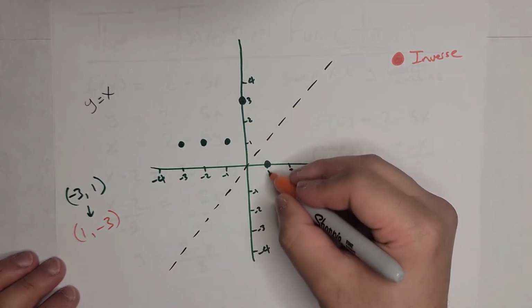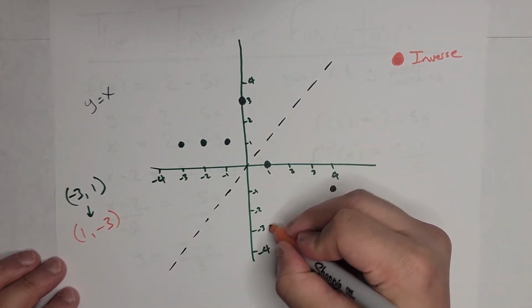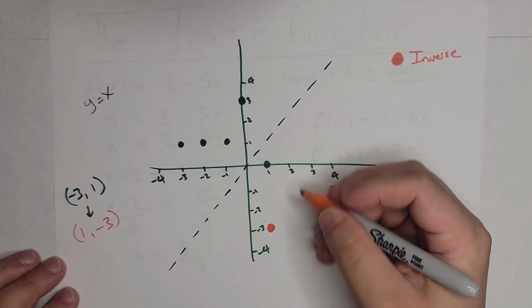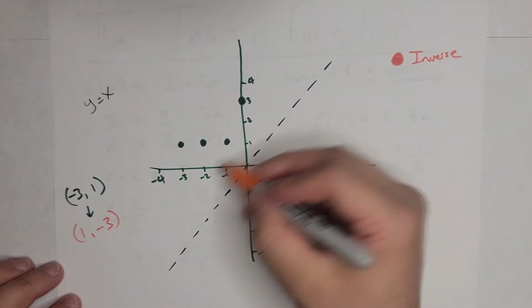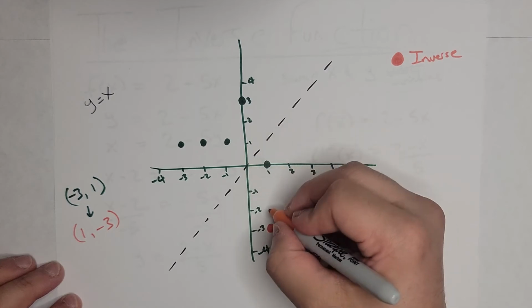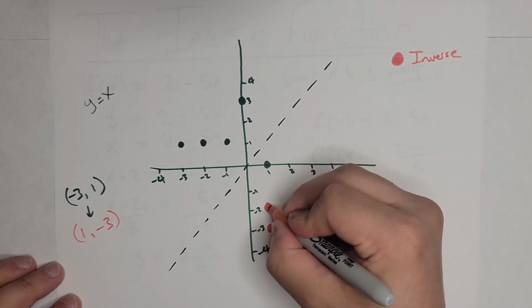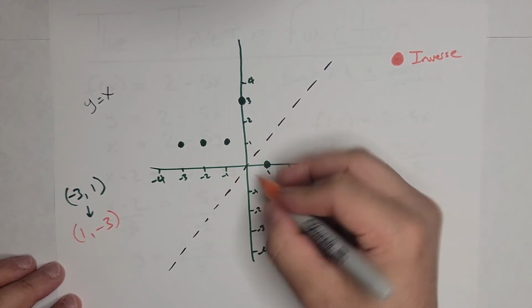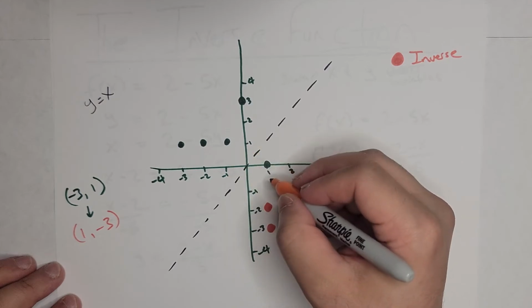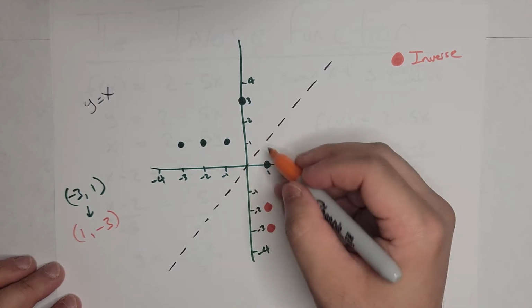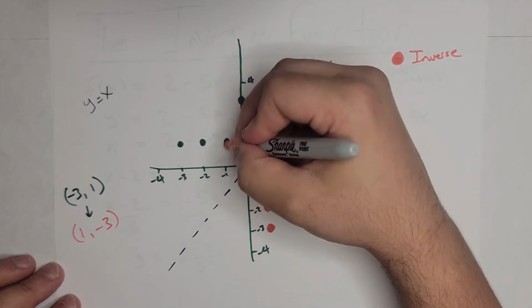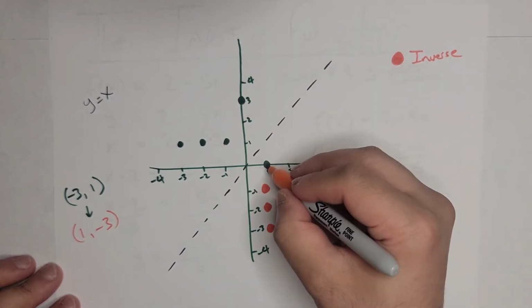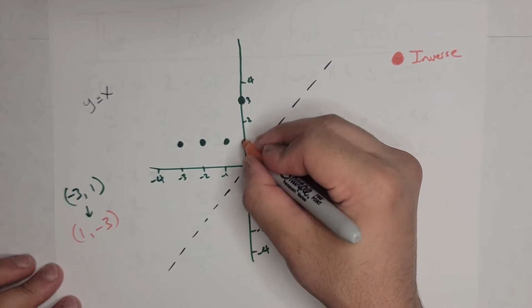So this will become right here, and that is basically a mirror of that. Same with this one. -2 comma 1 will become 1 comma -2. Same with this one. -1 comma 1 will become 1 comma -1. You can see that it's a direct inverse. This one, we can just eyeball it and we know it goes here.